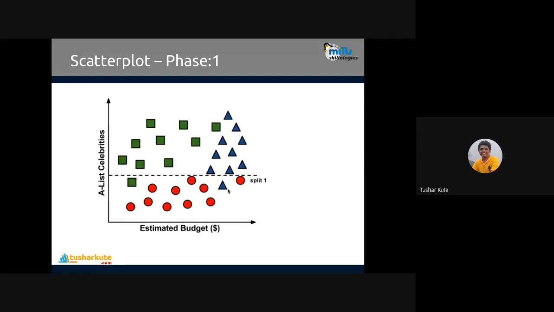And one important thing to note is that I got two planes here, one plane here and one plane here. Two planes are created.